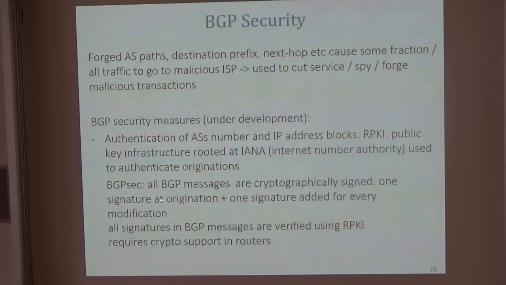One solution to that is called BGP-SEC, where with BGP-SEC we keep authenticating the AS number and the IP address blocks, but we digitally sign every addition, every change we do to a message. So if I receive a route, I keep it as my best route and I forward it to you, I will do one change. Which change?